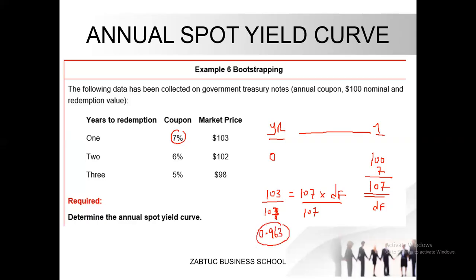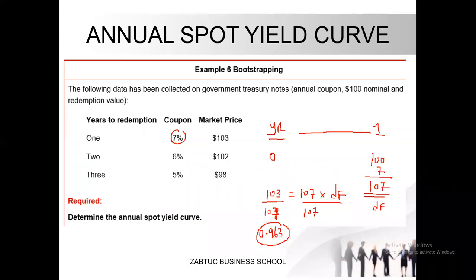Please, can we all confirm that the discount factor, which can give us 103, is 0.963? Can we all confirm? Confirmed. Excellent. So if the discount factor 1 year from now is 0.963, this is a discount factor.